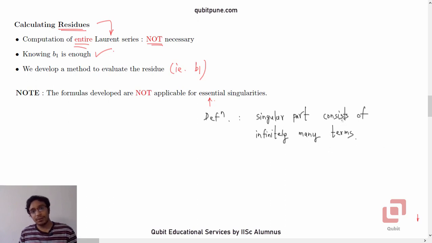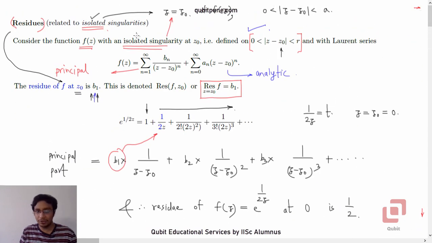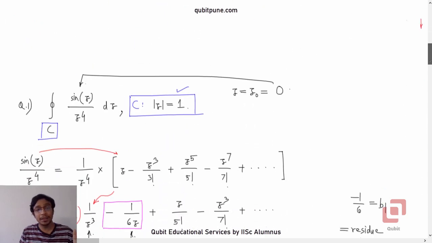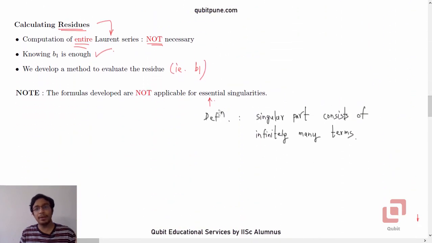Okay, now the definition of residue still holds. As long as the singularity is isolated, the residue is still going to be the coefficient b1. However, the methods that we are going to develop now will be applicable only for non-essential singularities, or for those functions which have finitely many terms in the singular part of their Laurent series expansion.